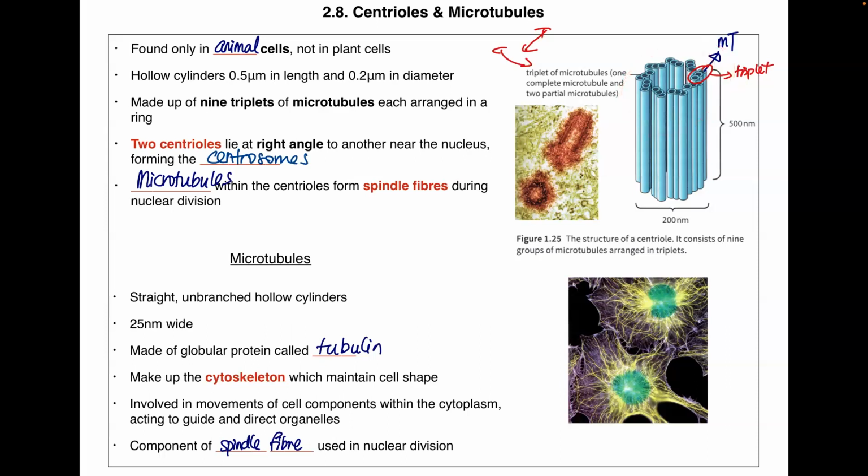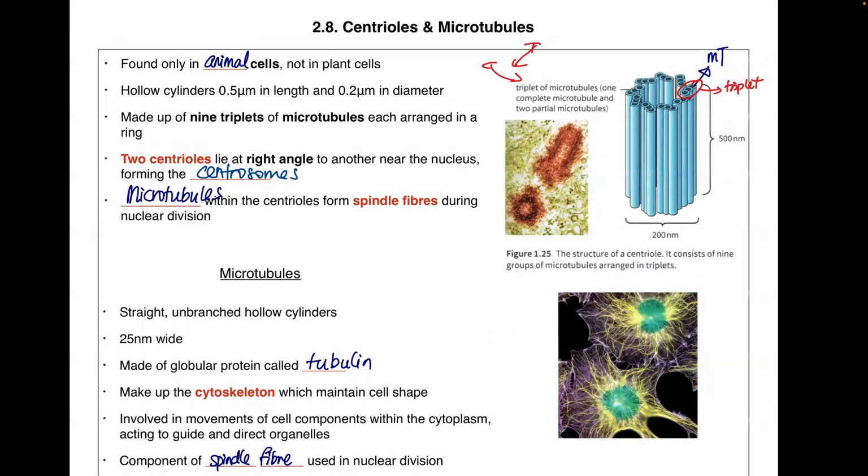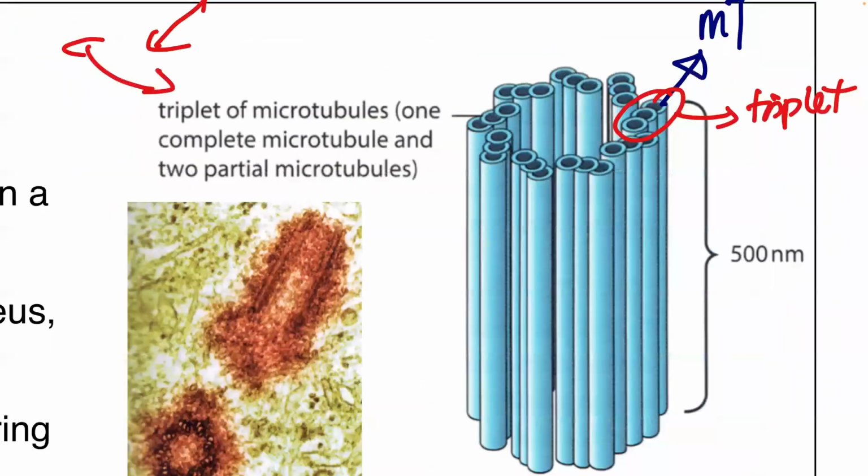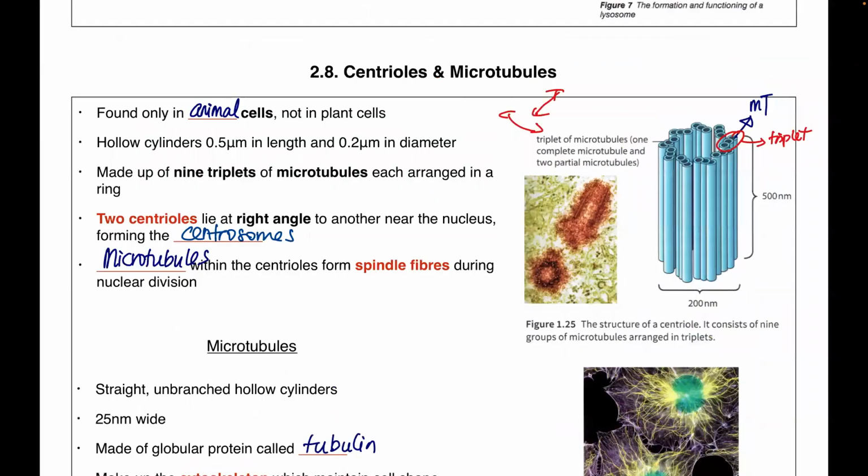You can see that the centriole is made of microtubules. A microtubule is just a single tube like this. It is a structure that is only found in animal cells.